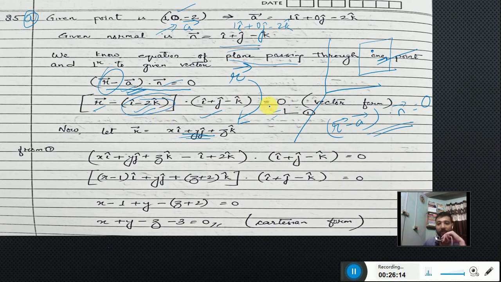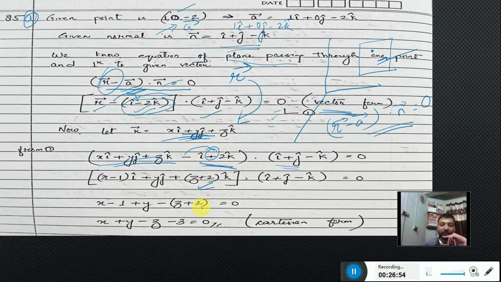This is your vector form, the first part of your question, and then if you want to get the Cartesian form, you change it to this. So once you change it, I have written my Cartesian form here. R I have written here, and then this is my a. If you simplify this, (x minus 1) i cap plus y j cap, this minus is multiplied inside, so it became plus here, so (z plus 2) k cap.